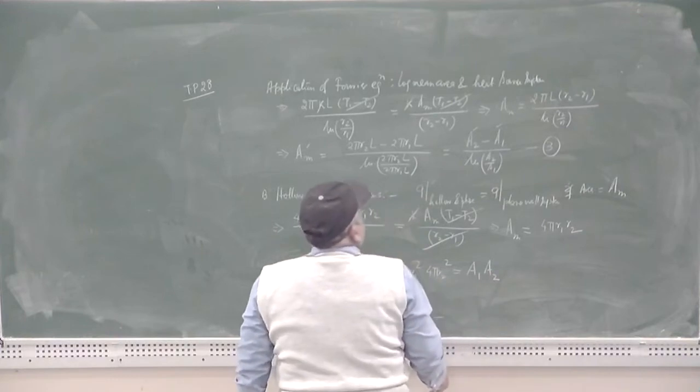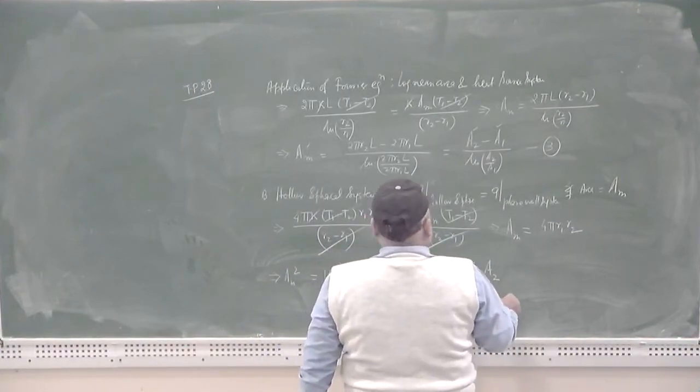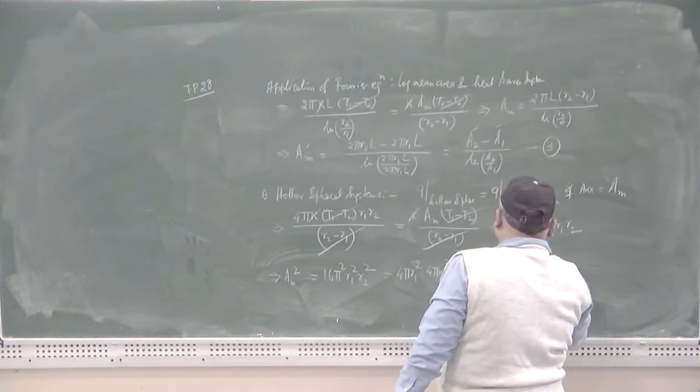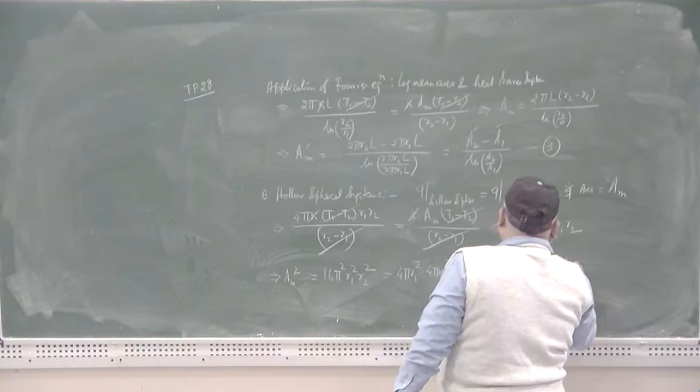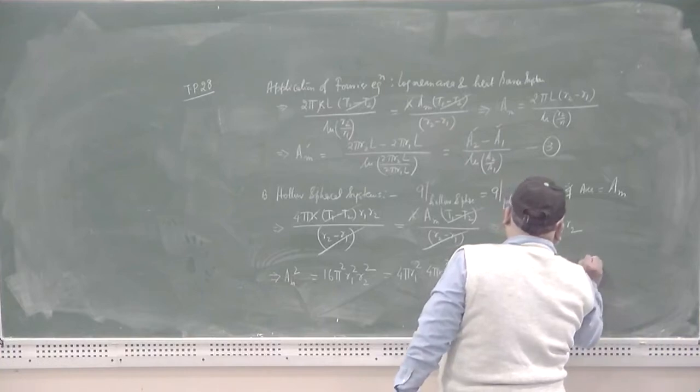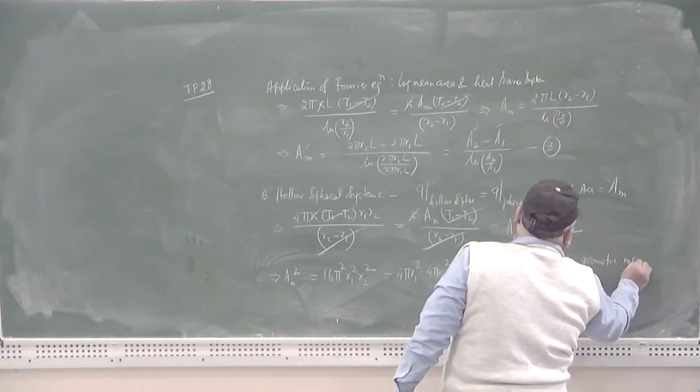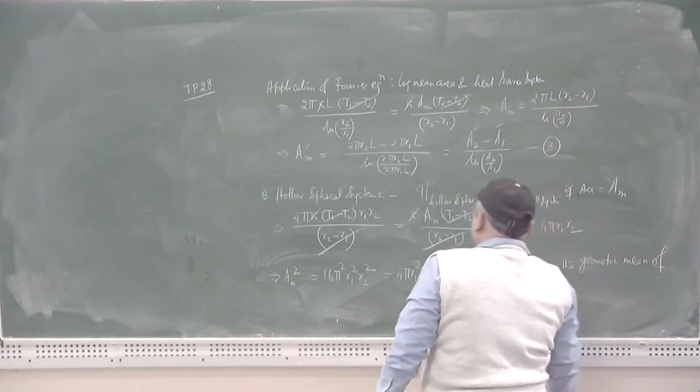It means AM is the geometric mean of A1 and A2.